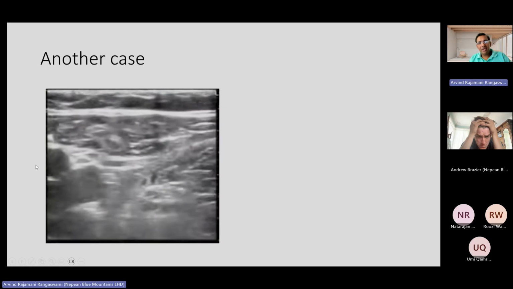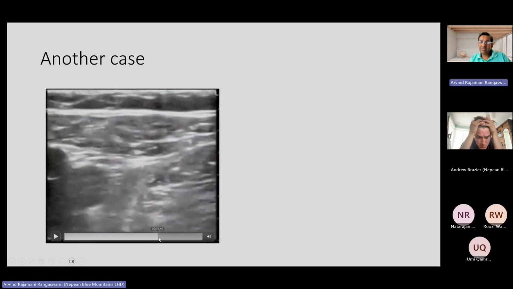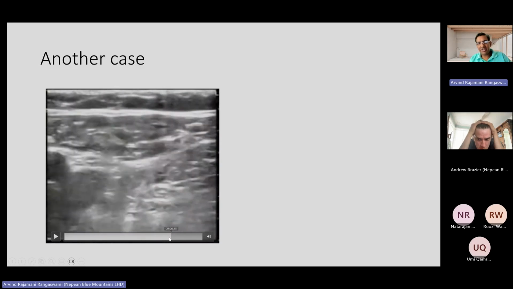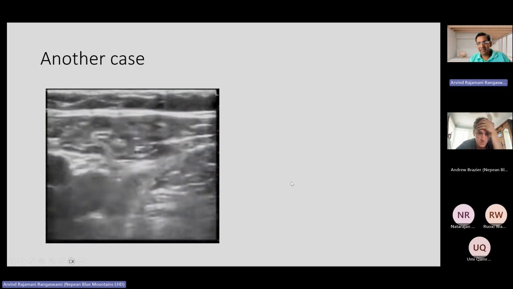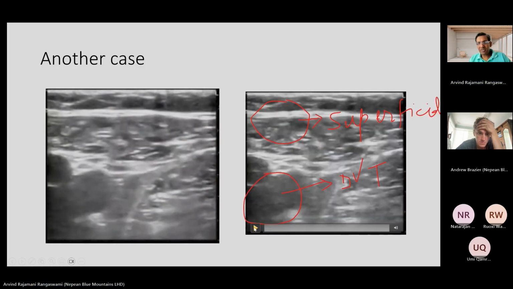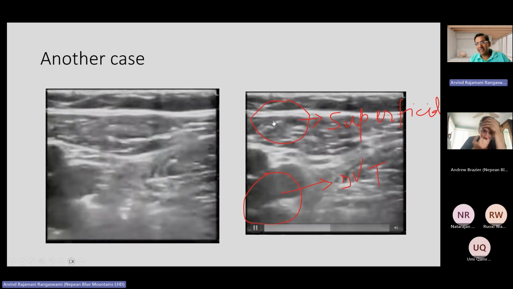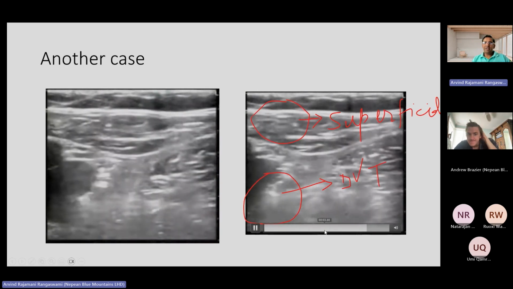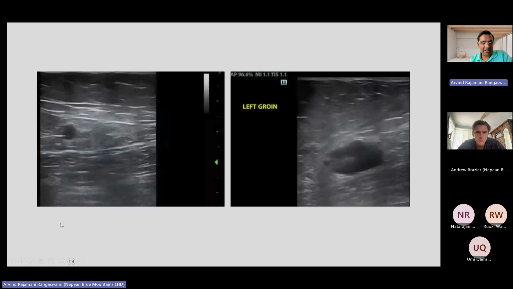The actual area of interest is in a corner of the screen. It's not in the middle of the screen, and that's actually not compressible, but it might be because there's not enough pressure being transmitted. So what they should do is slide the probe more medially and get this structure in the middle of the screen before they repeat it. That's a very superficial tiny vein, and it's hard not to miss this big blob here, but unfortunately this person did.